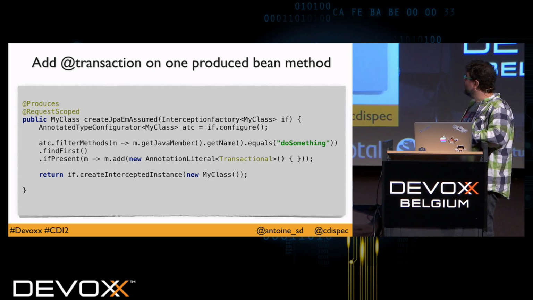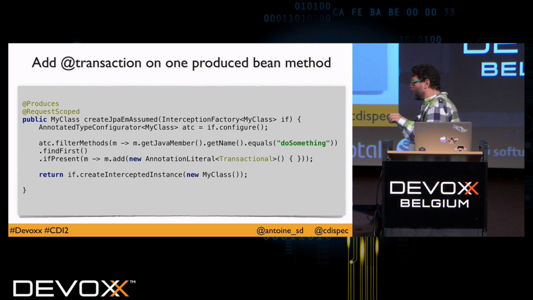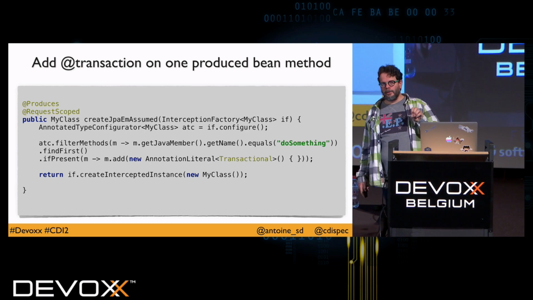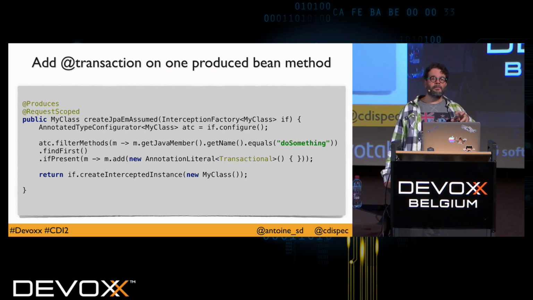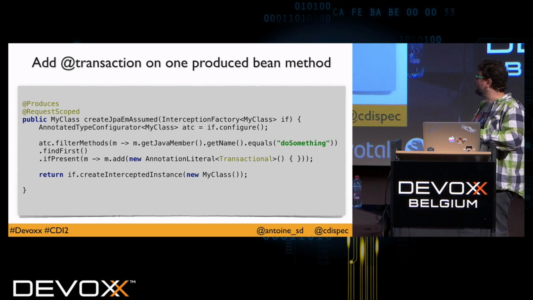I can use the InterceptionFactory. The InterceptionFactory will be provided as a built-in bean, so you will be able to inject it in your producer, like it is done here. You have the InterceptionFactory injected in your producer.